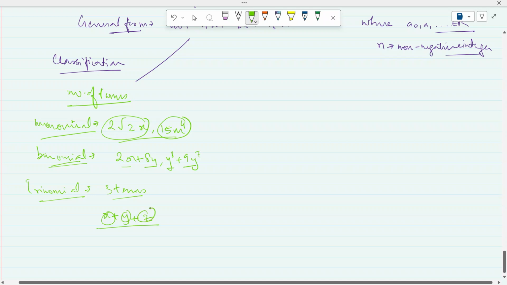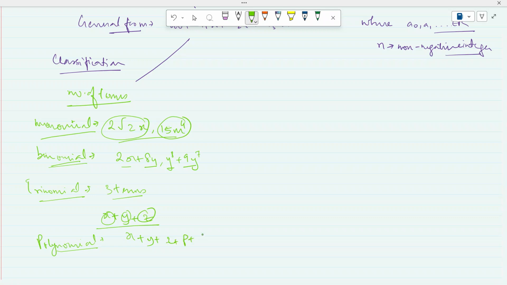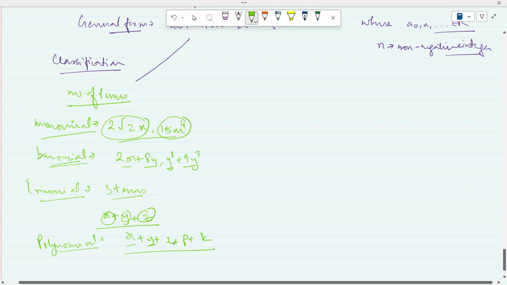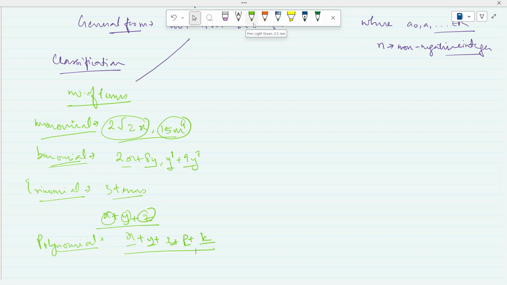One term, two terms, and three terms. Next is polynomial. There are multiple terms like x plus y plus z plus p plus k. Here we have five terms. So classification can be done on the basis of the number of terms.